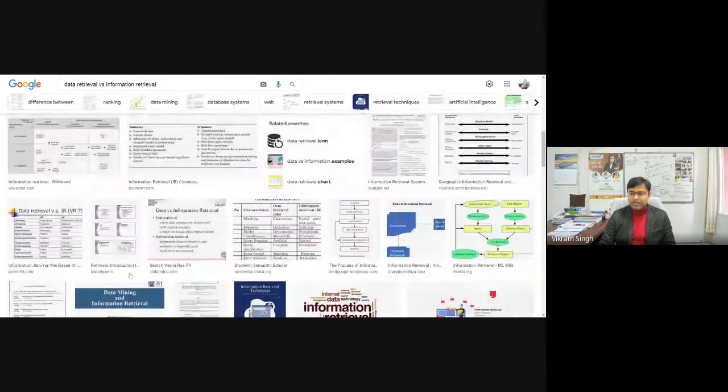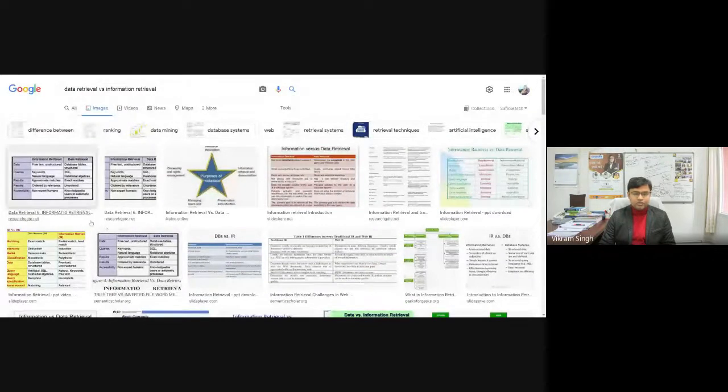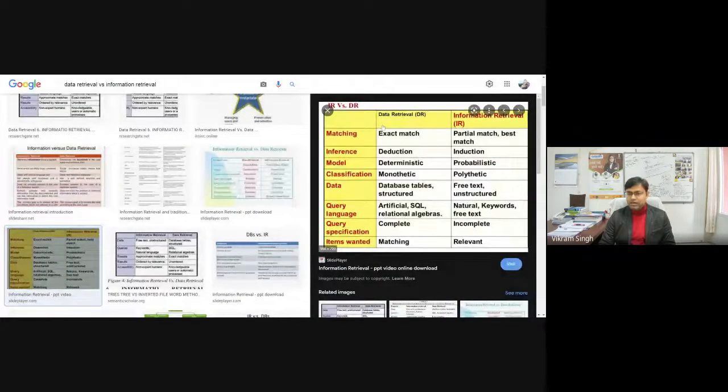The Google Search system has simply extracted all these and published them for us. Let me take one where parameters are given. You can read how data retrieval and information retrieval are compared. This parameter is important.